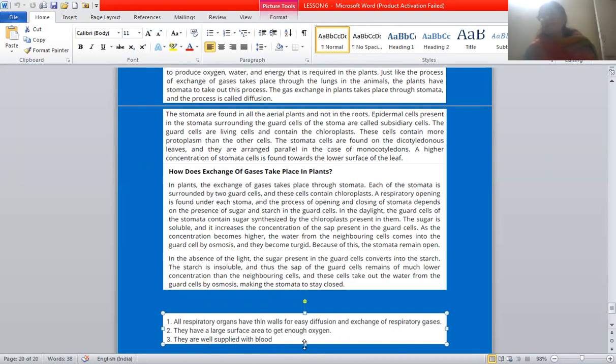In human beings, and in all animals, they are richly supplied with blood vessels. So three important features of all respiratory surfaces: a rich supply of blood vessels, a large surface area, and very thin walls for the exchange of gases.